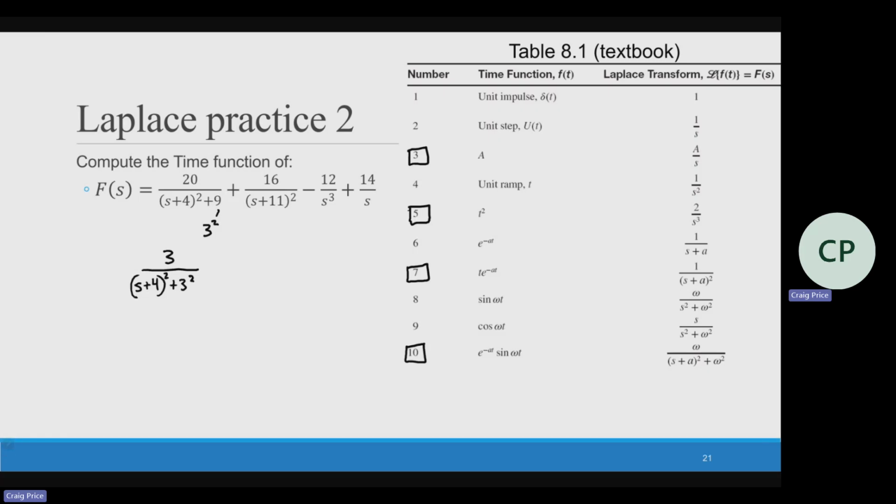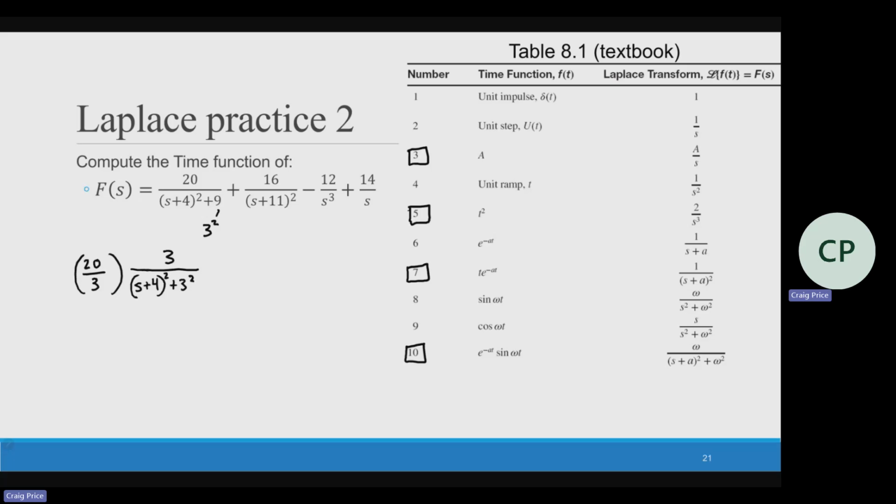But I have a 20 up there, so we can multiply this whole thing by 20 over 3. That would be my constant. Yes, 20 over 3. So it's 20 over 3 times this line 10. For line 7, I don't really need a change for that. It's just a 16 times, so the constant would be 16.